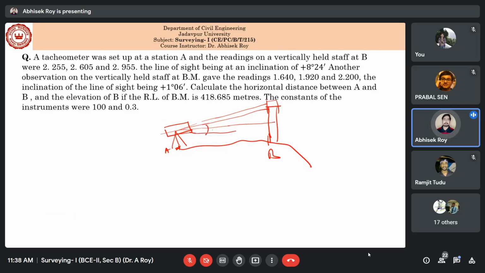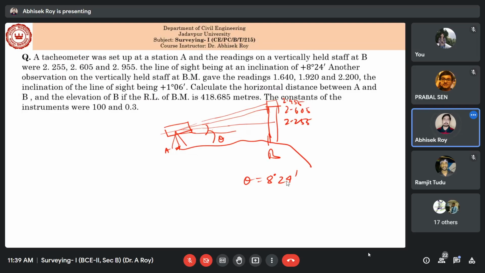So from the horizontal, your middle stadia reading is at an angle theta. So that is given when you are taking your staff reading at point B, that is 2.255, 2.605 and 2.955. And the angle of inclination theta is given as 8 degree 24 minute plus.